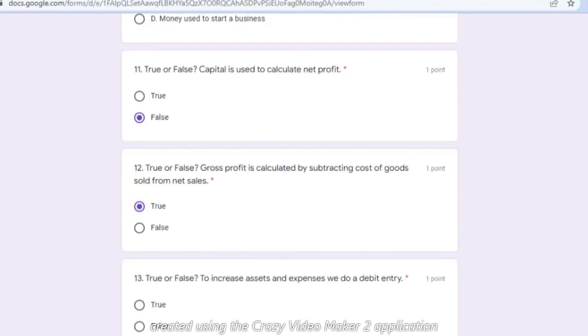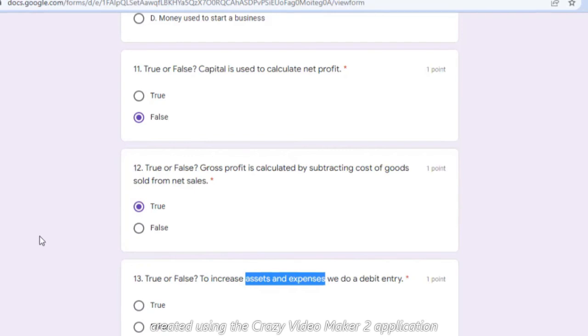All right, true or false? To increase assets and expenses. So assets and expenses go together. I always teach that assets and expenses are friends. Last night in a class a student said to me, remember you told me assets and expenses are friends, and they don't follow the rule that capital, revenue, and liabilities follow.